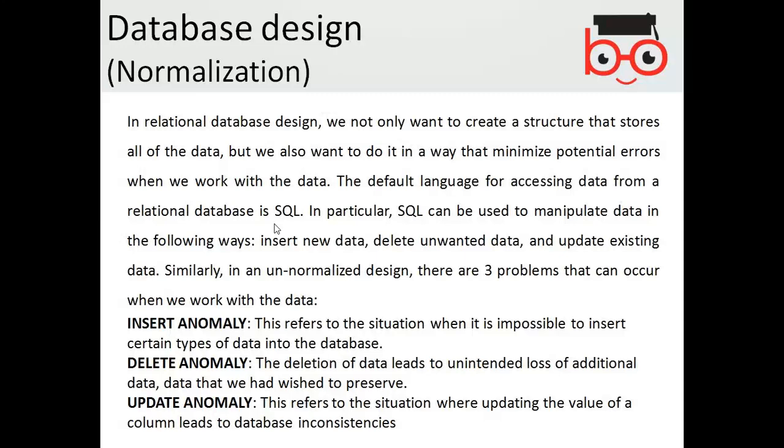Delete anomaly: the deletion of data leads to unintended loss of additional data, data that we had wished to preserve. Update anomaly: this refers to the situation when updating the value of a column leads to database inconsistencies.